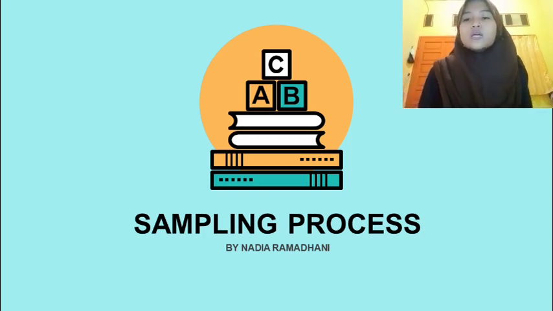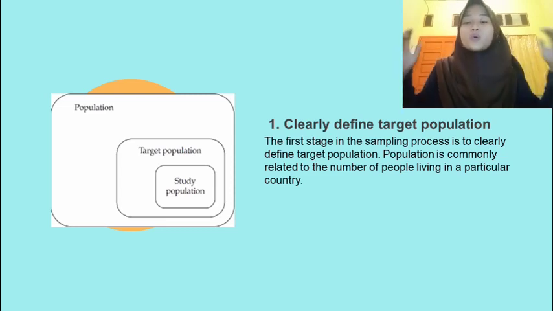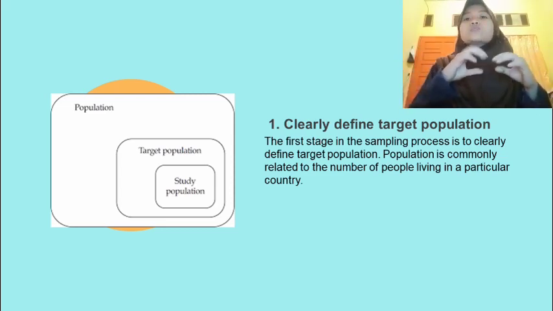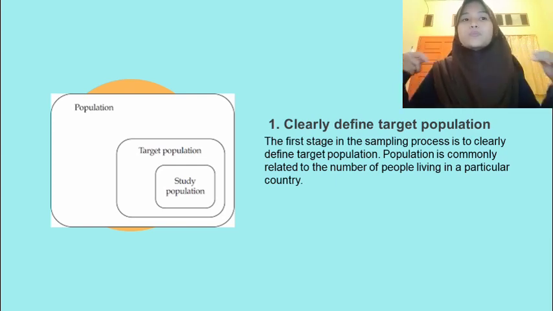Okay, so the steps that are required to do sampling: the first one is to clearly define the target population. So the first stage in the sampling process is to clearly define the target population. As seen in the picture, from a big population, we take a smaller target population. Population is commonly related to the number of people living in a particular country.